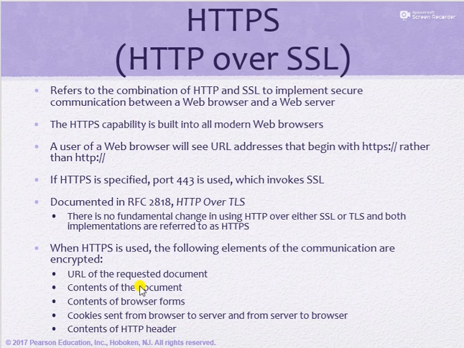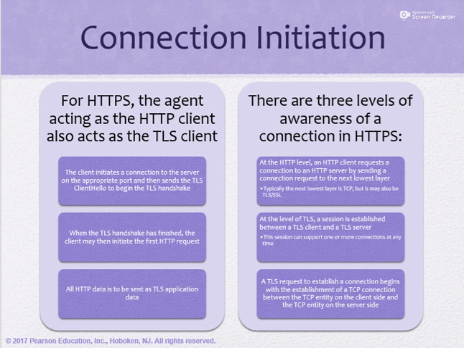All these elements are encrypted in HTTPS communication. As we know, HTTPS works on top of TLS, so for HTTPS communication, the agent which acts as the HTTPS client, like a browser, also acts as the TLS client.